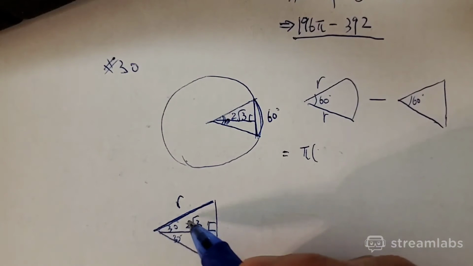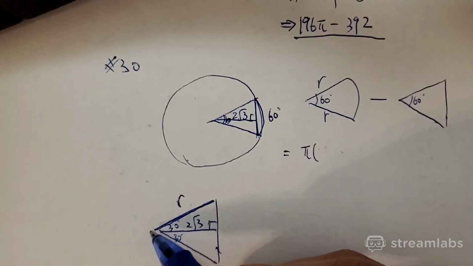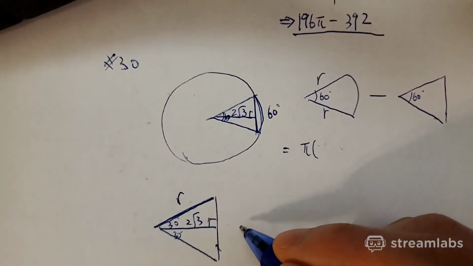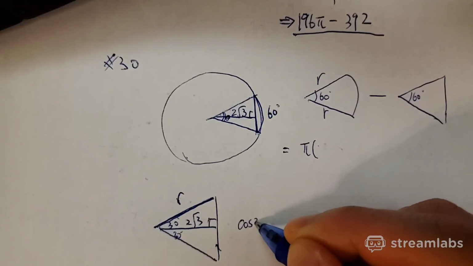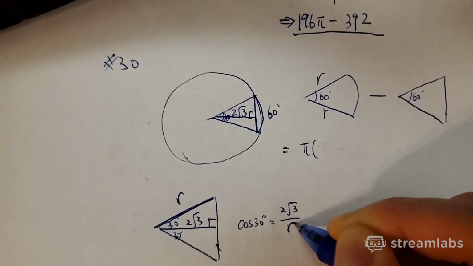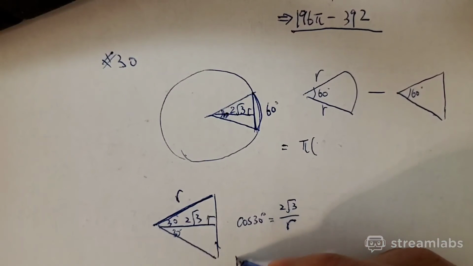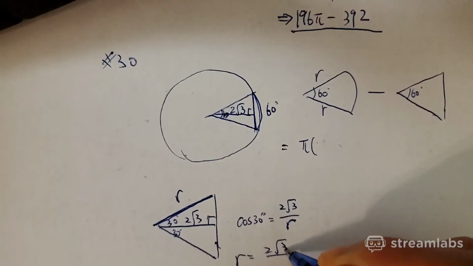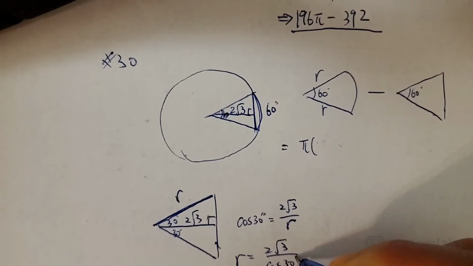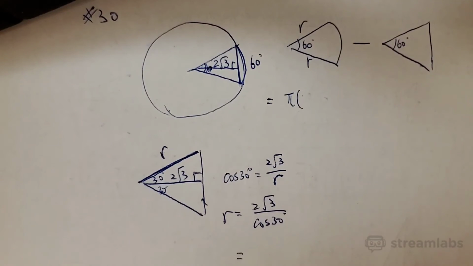The relation between these, adjacent and hypotenuse, is cosine. So cosine 30 degrees is equal to adjacent over hypotenuse. You solve r is equal to 2√3 over cosine 30, which ends up being 4.